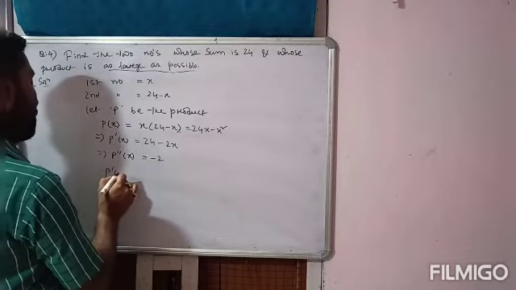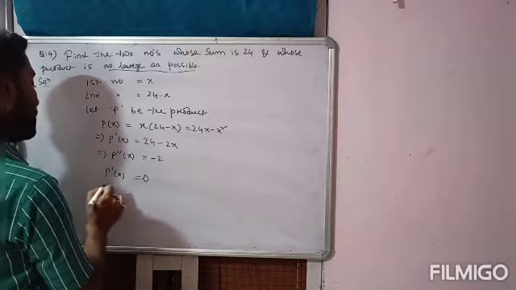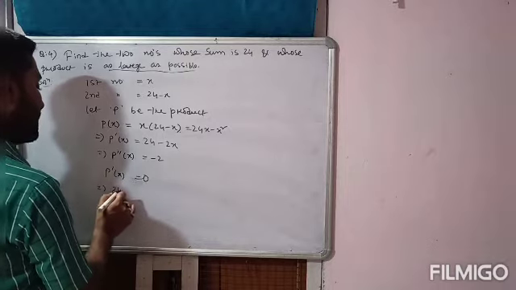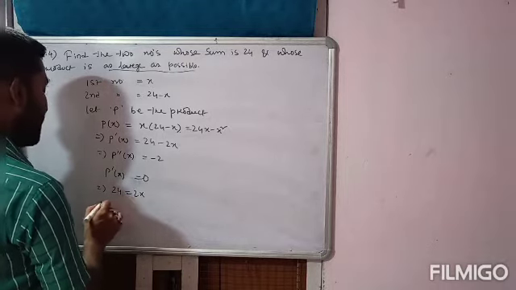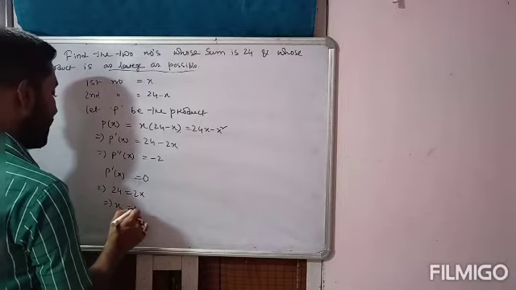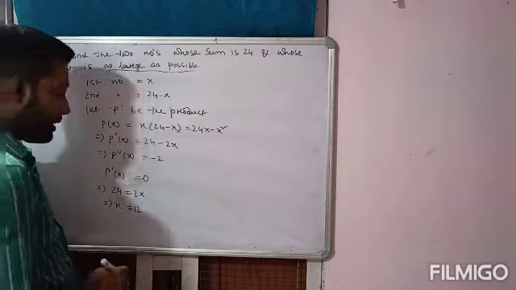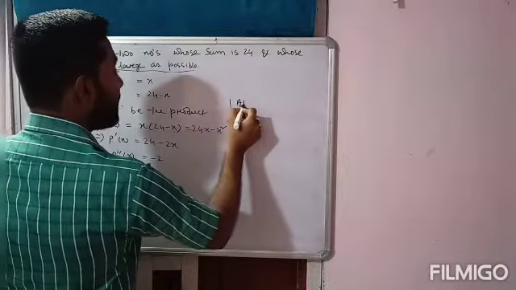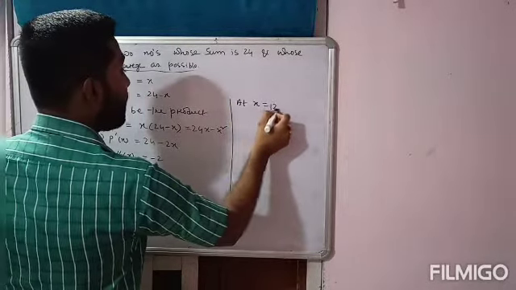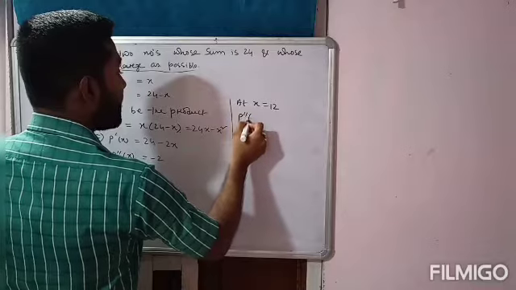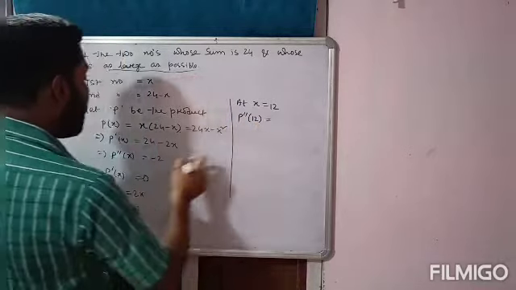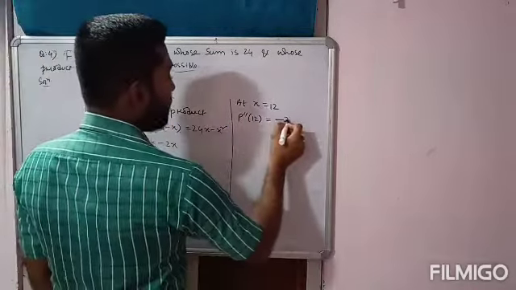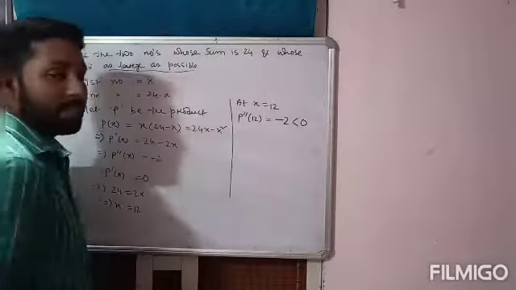Then what you have to do, put the first order derivative equal to 0 to find the critical points. That is 24 is equal to twice x, और x is equal to 12. So there is only one critical point. ये critical point को कहाँ पुट करना है? In the second order derivative. Now at x equal to 12, check the nature of the second order derivative, that is P double dash of 12, which is equal to minus 2 only, and this is always less than 0.